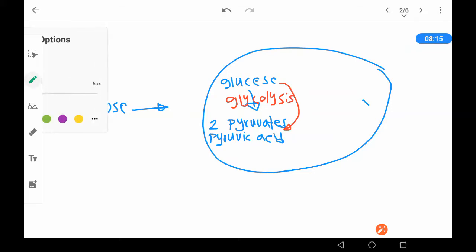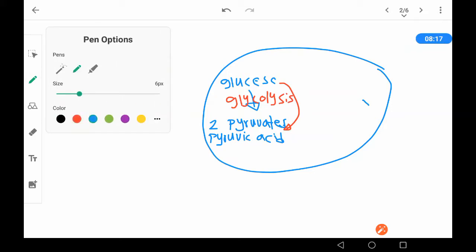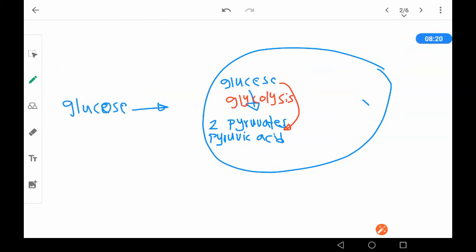As I mentioned, glycolysis is an anaerobic process and it takes place inside the cytoplasm of the cell. These are important points about glycolysis, and anaerobic means it doesn't require oxygen. So this step is like a preparation for cellular respiration.